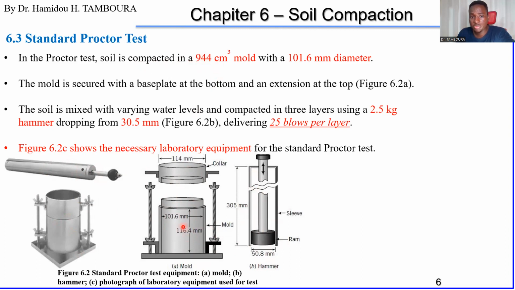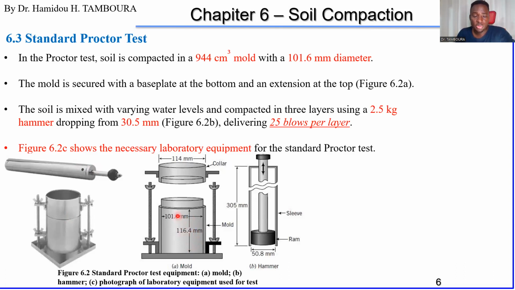This is the volume. If you want, you can calculate also, because you have here the diameter is 101.6 as stated here, and the height of the mold is 116.4 millimeter.